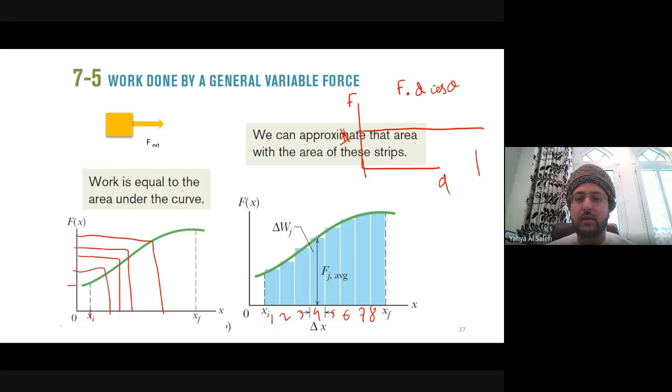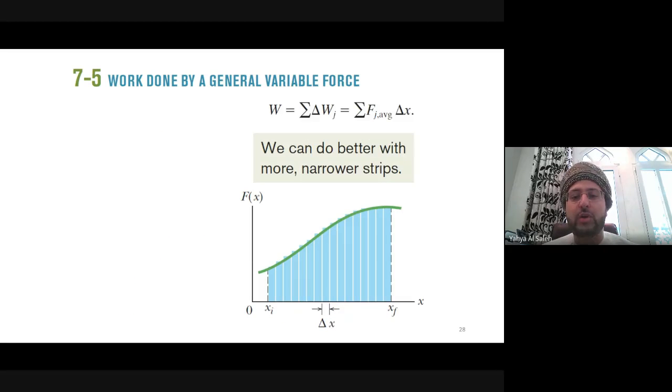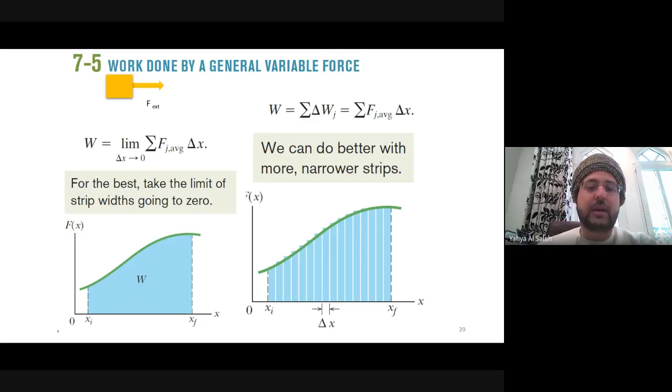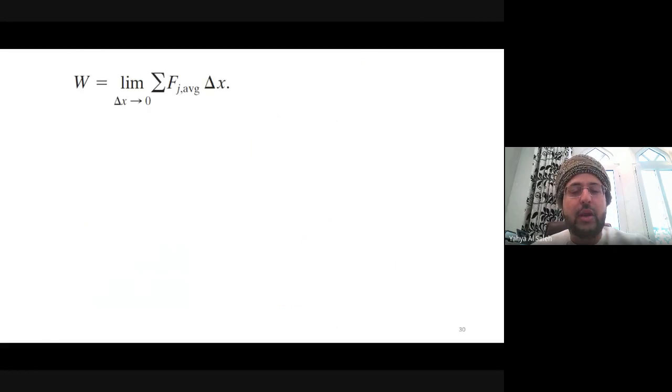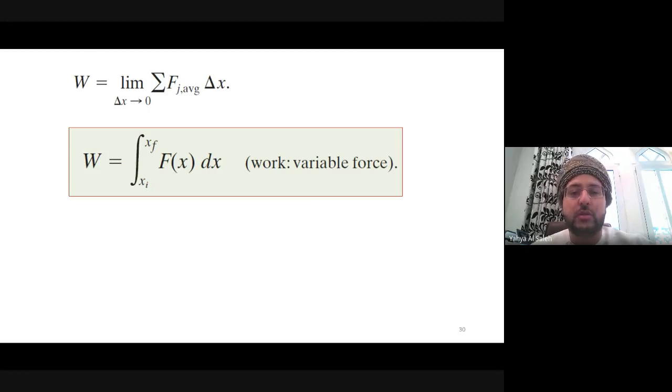I will make the strips narrower and narrower. So instead of doing 1 to 2, I will do 1, 1.5, 2. Then 1, 1.1, 1.2, 1.3, all the way to 2, and so on. Mathematically, if we take the limit of the number of strips to infinity, or the width to 0, we end up with so many strips that we have an integration.